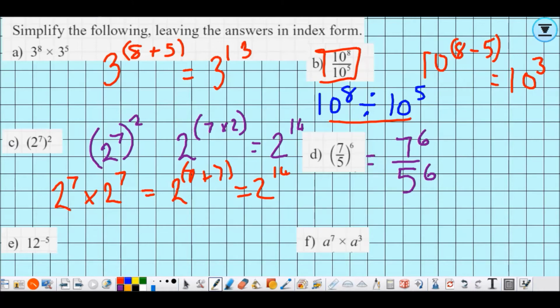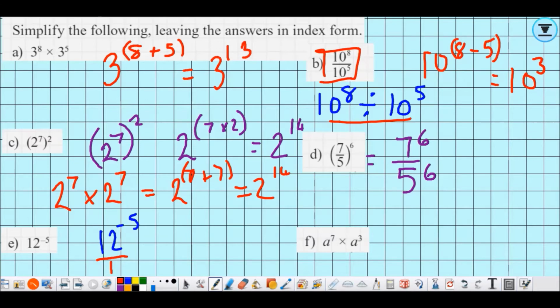E. So we're going to look at the fifth rule now, when I've got a negative power. If I've got a negative power, and that negative power, as it says there, is 12 to the power of negative 5, remember I'm starting with the negative power, so I'm going to turn that into a reciprocal. If my whole number is 12, imagine it is 12 over 1. We don't write the divide by 1 because it will make no difference: 12 divided by 1 is just 12.